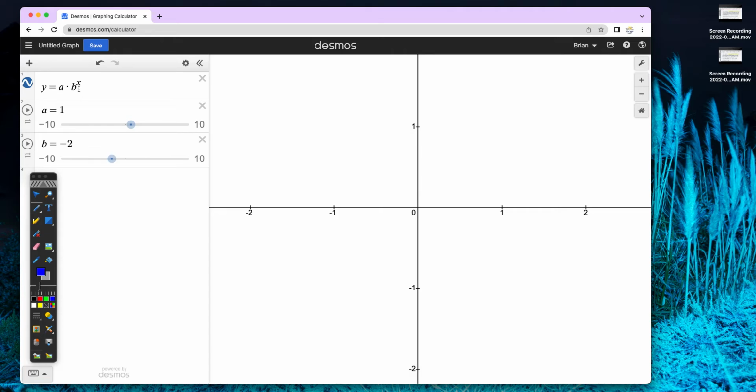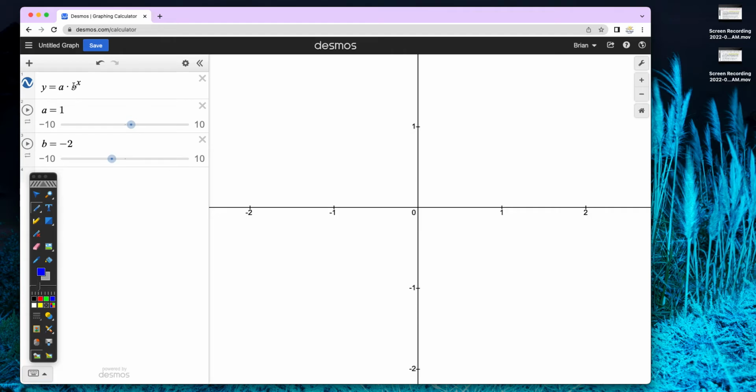If you were to consider what happens if we take something like negative 2 and we raise it to the power of 1, negative 2 to the power of 1 is negative 2. If we raise negative 2 to the power of 2, it's positive 4. And so what you'll end up getting is this oscillation back and forth between positive and negative powers of 2.